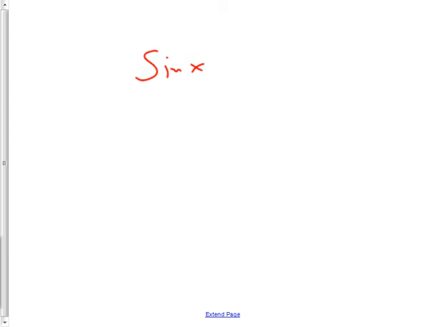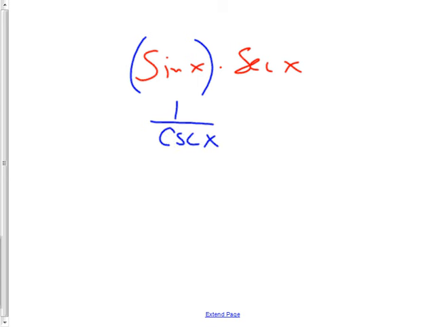So that if I said, what is sine of x times secant of x? You can have a big list in your head of, okay, well, sine could be this or this or this. And in this case, sine is 1 over cosecant. All right? And secant is 1 over cosine.